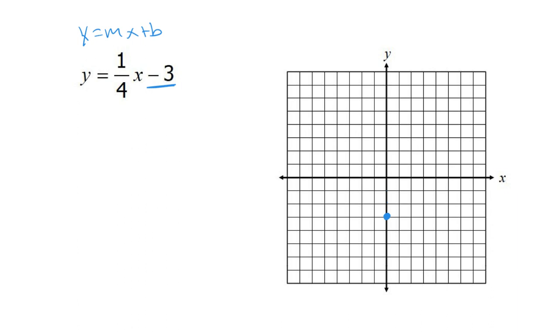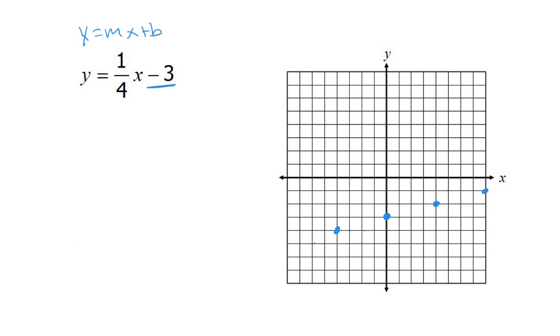That is still positive, so it's going to rise to the right. And I can count from the point I put on the graph to go up 1, and then over 1, 2, 3, 4, draw a line. 1 up, 1, 2, 3, 4 over, and 1 down, 1, 2, 3, 4.